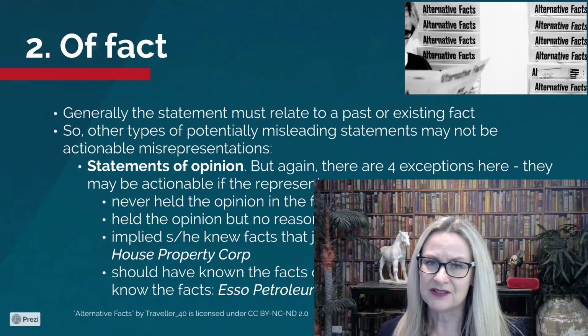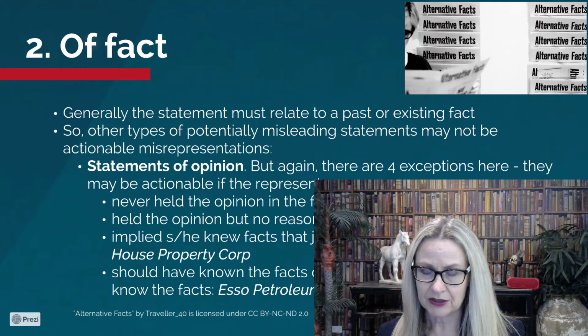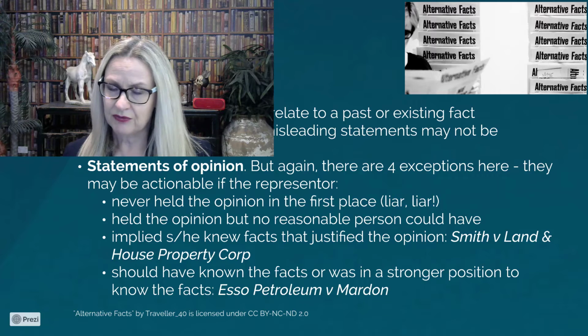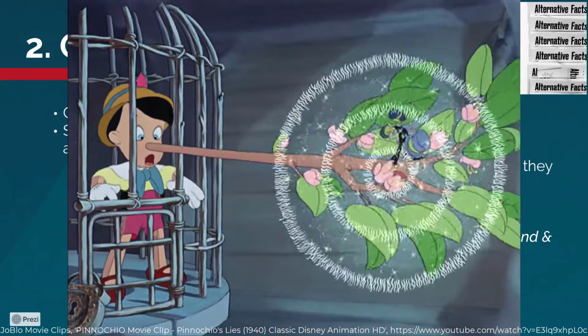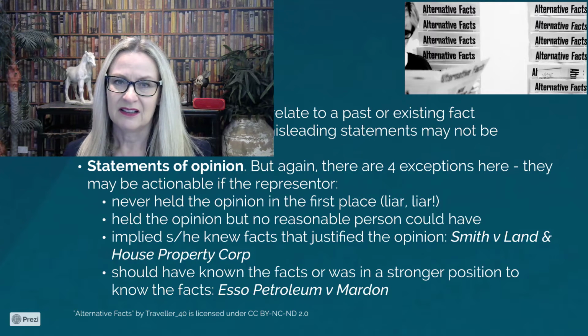Again, we have a series of exceptions here, which might mean that your statement of opinion does constitute an actionable misrepresentation. For example, if the representor never actually held the opinion in the first place, liar, liar. In that circumstance, well, obviously it's going to be an actionable misrepresentation.